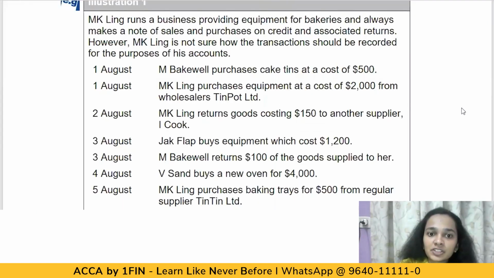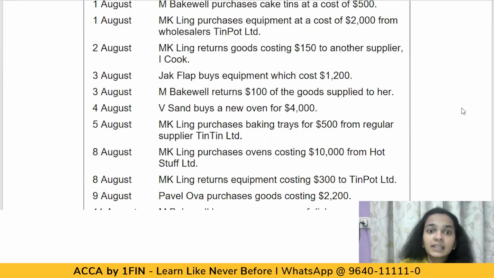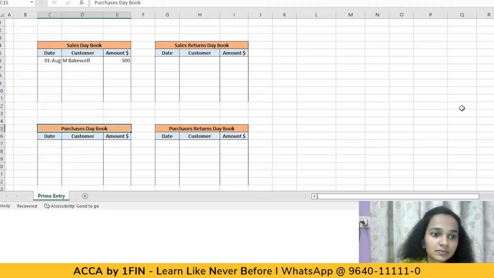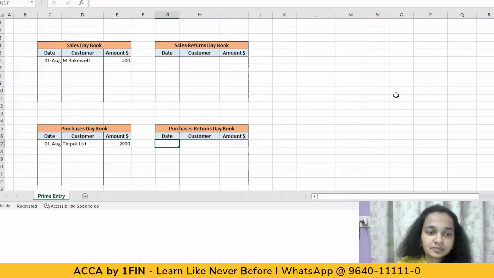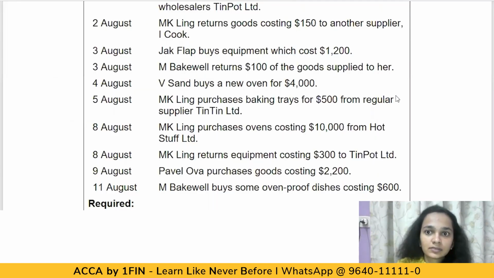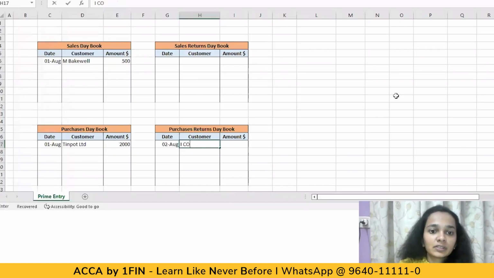Then there was a purchase which was made by MK Ling from Tin Pot Limited for $2,000. Then there was a purchase return which was made to a supplier, iCook.